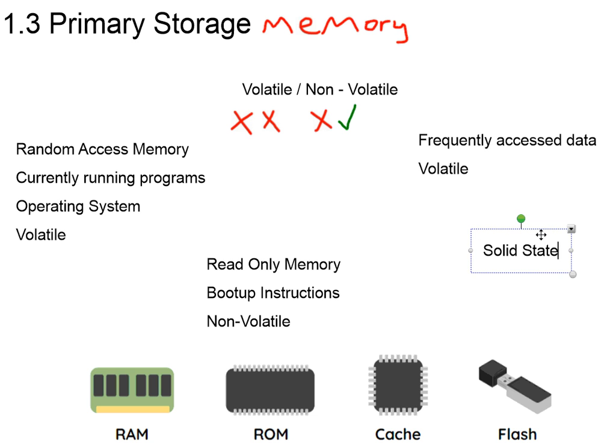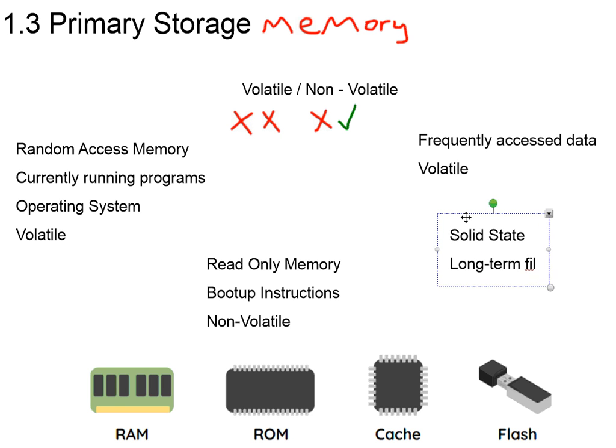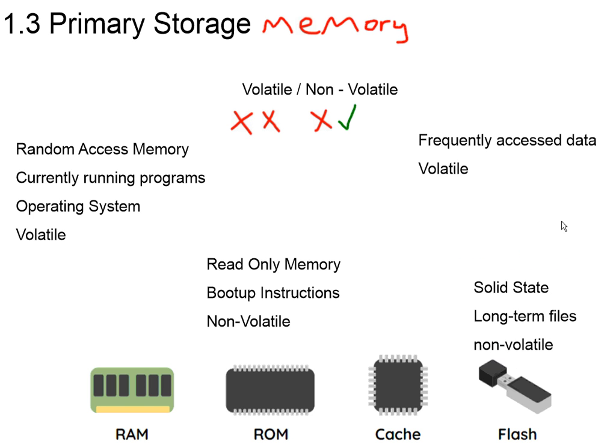But if they do ask about flash, it is used for storing long-term files, so documents, pictures, videos, and it is non-volatile. Think about a USB stick. USB stick is taken out of a computer, but all the data is still on there. It's saved. And when you plug it in again, you give it power, all the data can be accessed again. Okay, so these are the four types of primary storage.